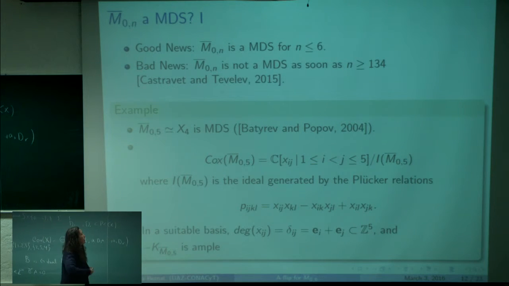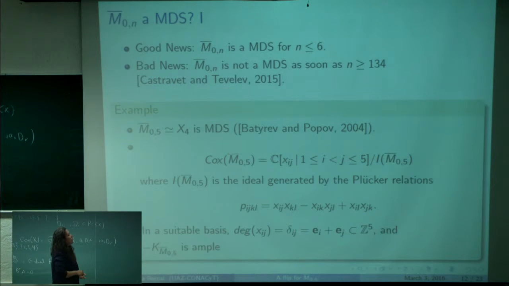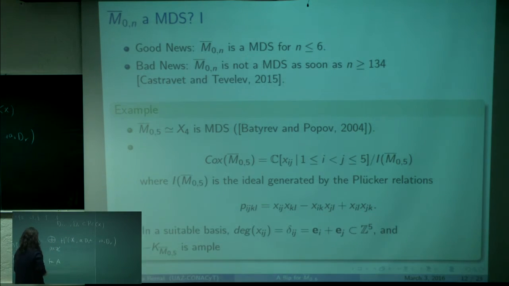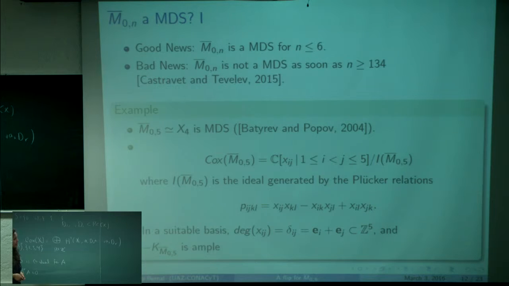So why is this relevant? Well, here is some good news and bad news. The good news is that for n less than or equal to 6, M0n bar is a Mori dream space. But for n greater than or equal to 13, I think 13 is the correct number at the moment, M0n bar is no longer a Mori dream space.